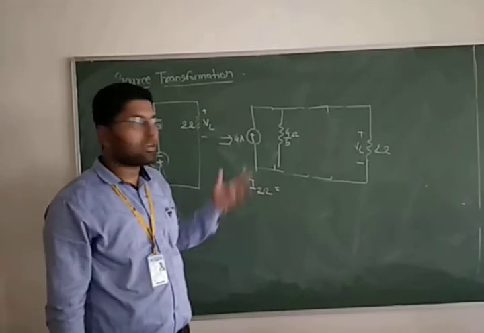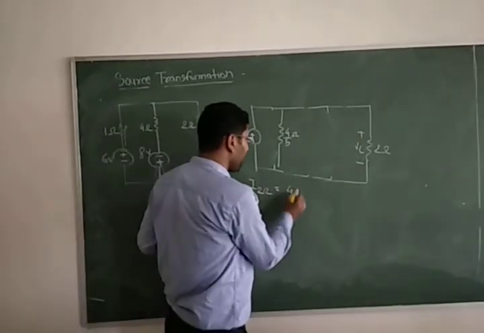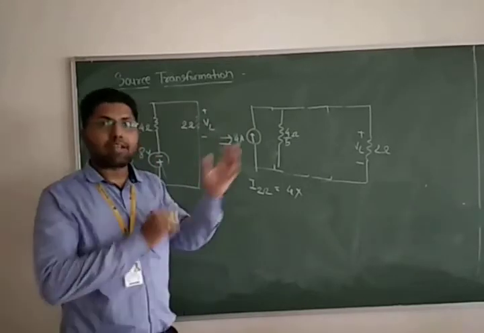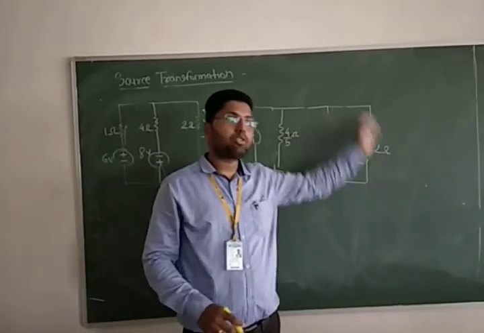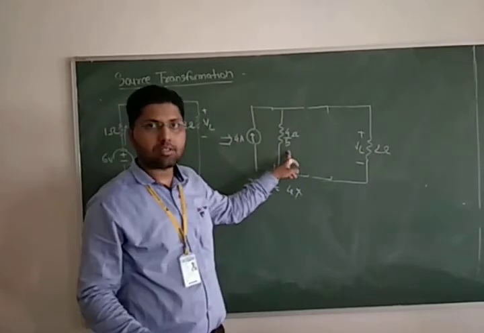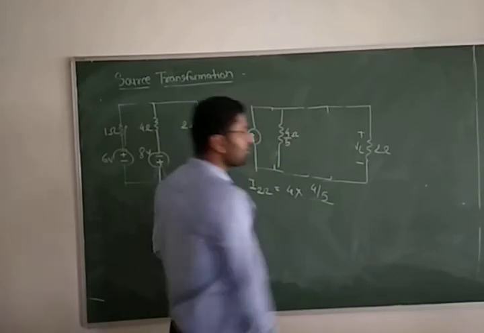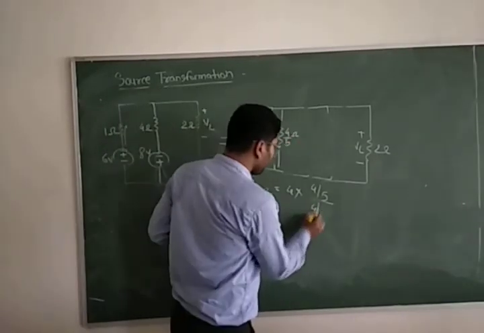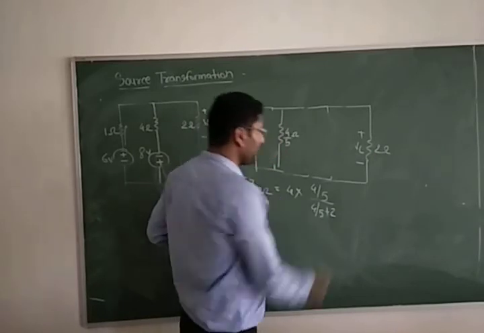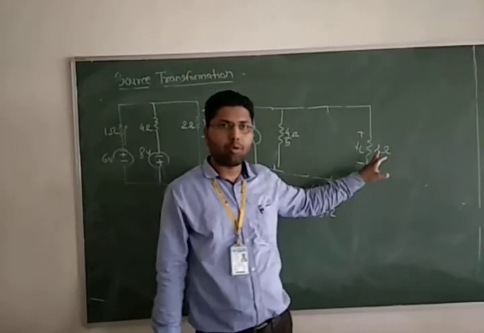What does the current division rule tell? The total current times the opposite branch resistance, that is 4 by 5, divided by the total resistance. What is the total resistance? 4 by 5 plus 2. You can do this calculation and get the current through the 2 ohm resistance.